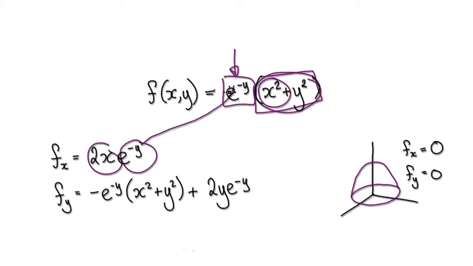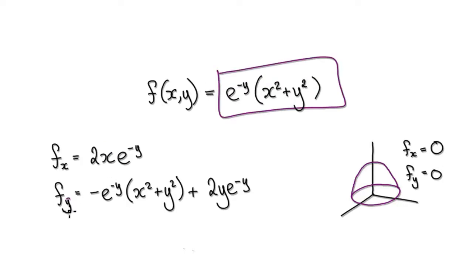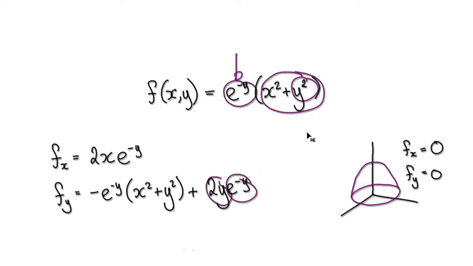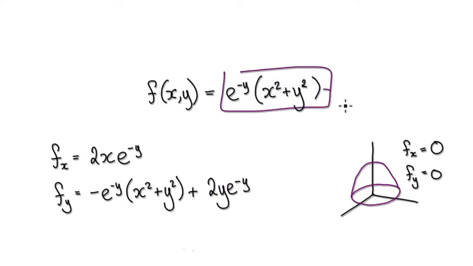And then differentiate this with respect to y. Here you've got two blocks, so you've got to use the product rule. Differentiate the first, leave the second alone. That will then give you this. And then plus, leave the first alone, differentiate the second. Differentiating the second will give you 2y. Leave the first alone. So using the product rule, that will then give you this.